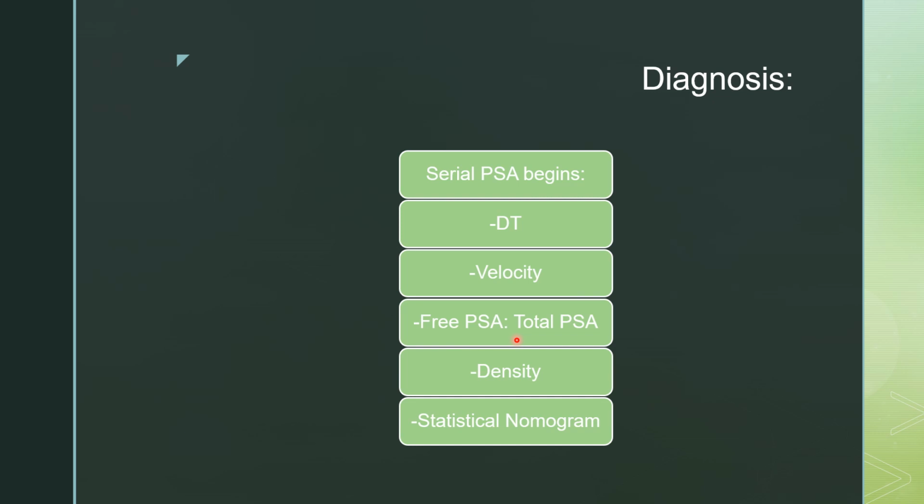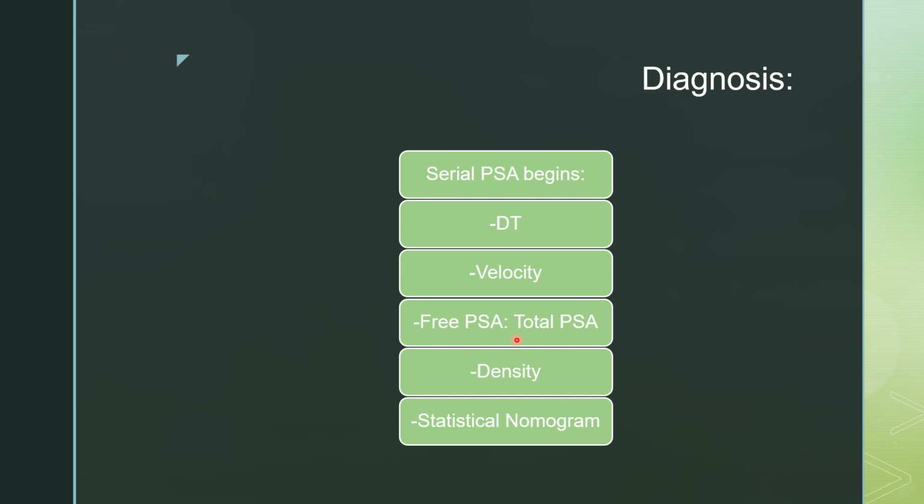If free PSA of 50% or less is picked, some people can decide to have biopsy. Some can even go to as low as 10% of free PSA.